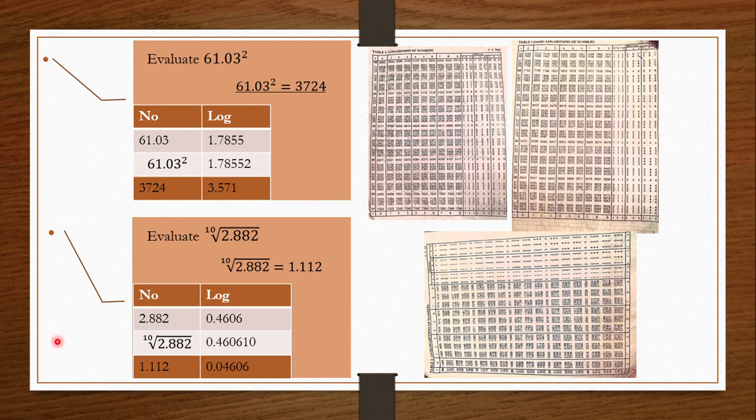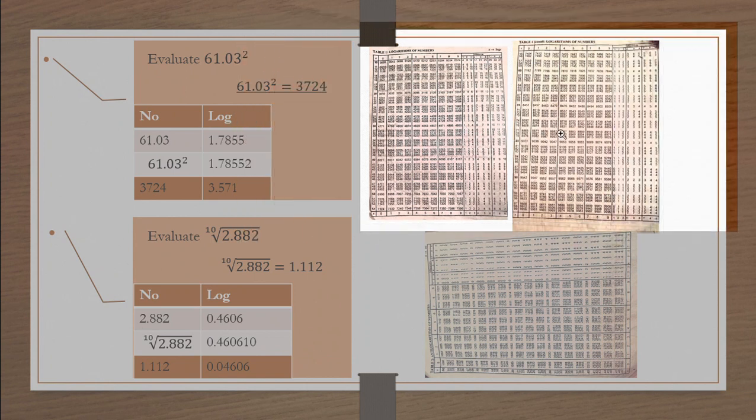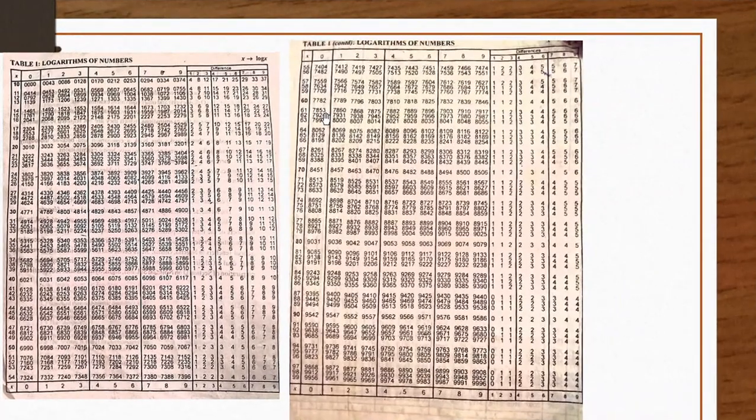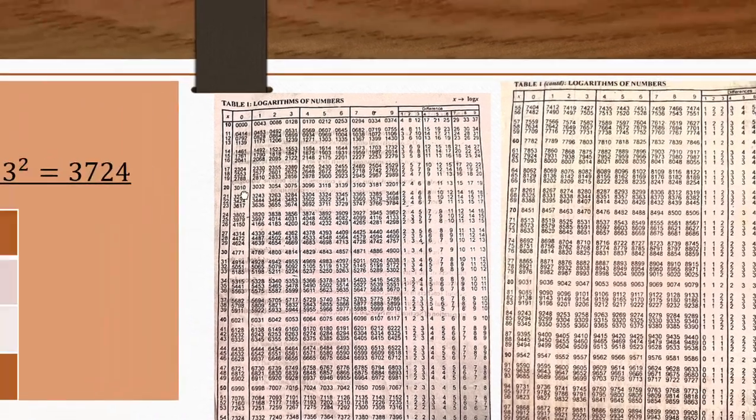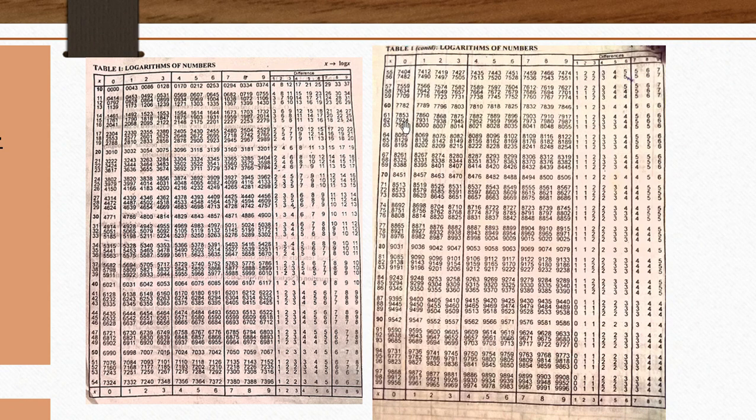If we have to check this, let's zoom in. So in our logarithm table, the row which has 61, it should be this. So 61 under 0 difference 3.